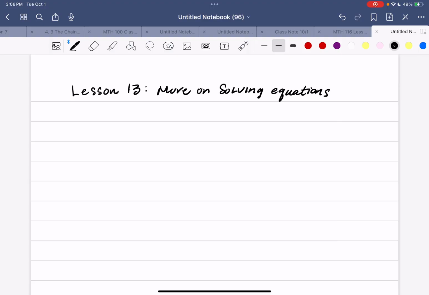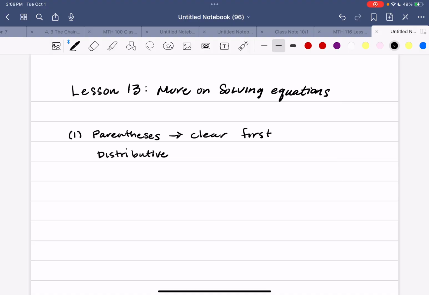One thing you're going to see sometimes is parentheses. And we're always going to clear these first before we do anything else. We're going to use the distributive property to clear those.